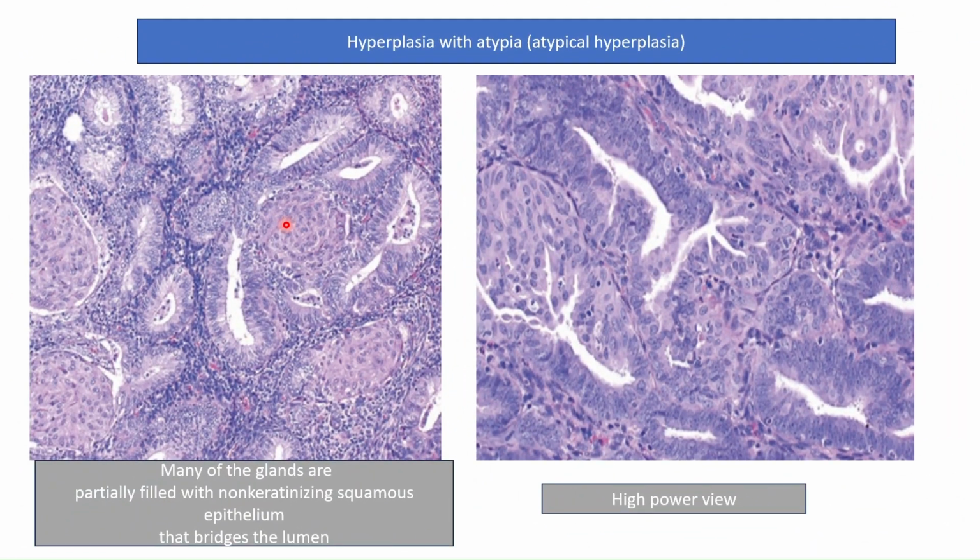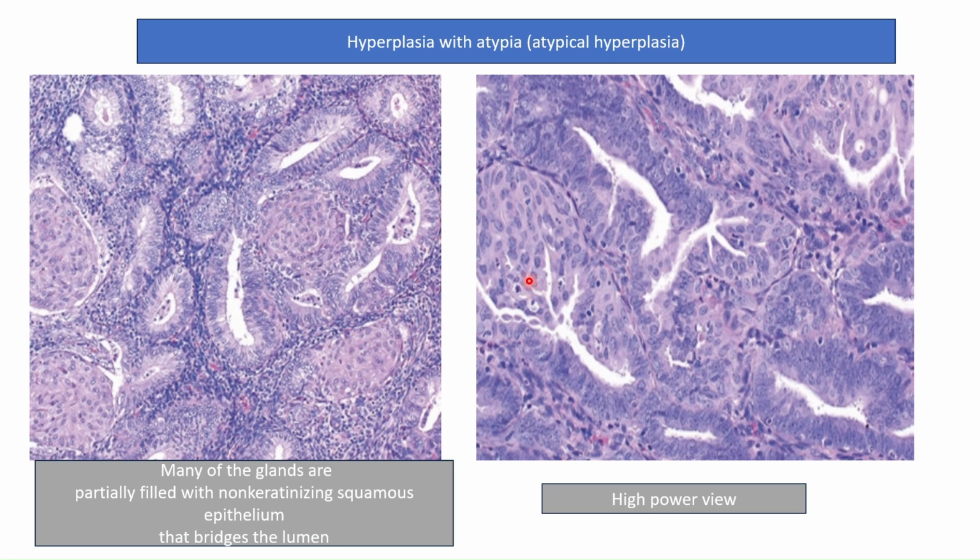This is atypia. Here again, many of the glands are partially filled with the squamous morule. So this is called metaplasia in endometrial hyperplasia because we can see here back-to-back arrangement of glands with atypia in the nuclei, and this keratinization, squamous morules are bridging the lumen.